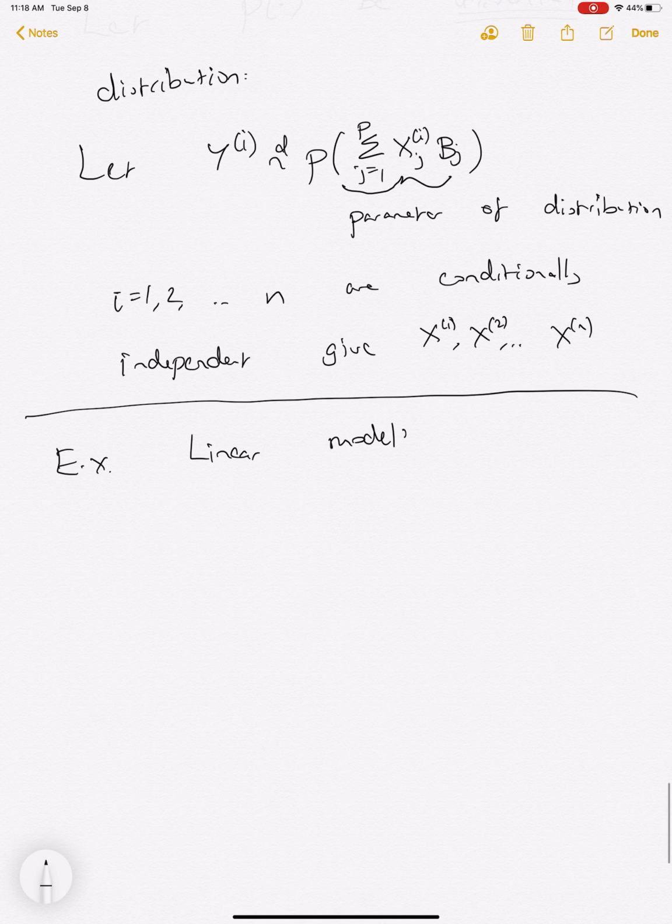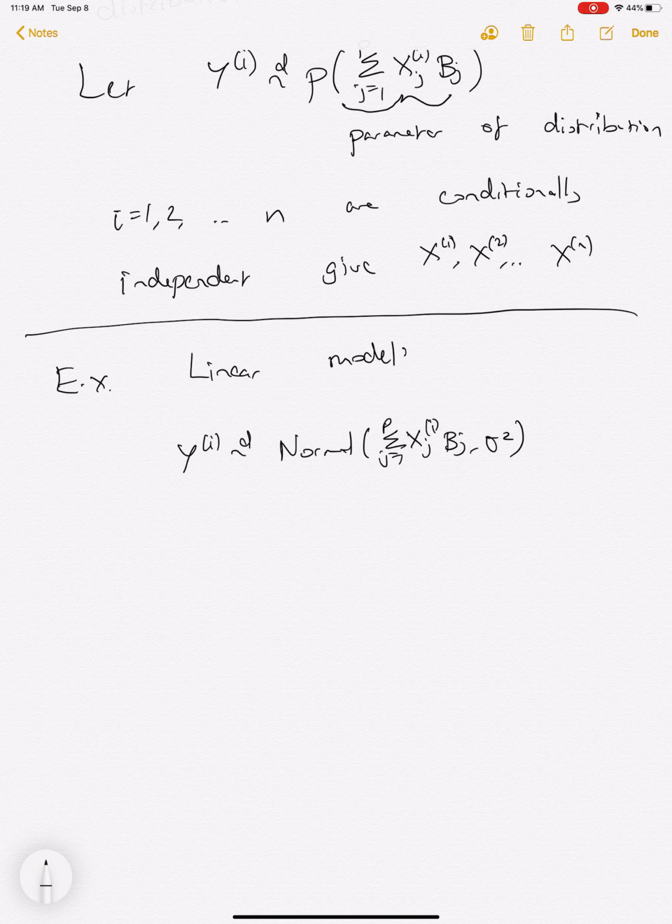If we consider the linear model, where we looked at maximum likelihood and least squares, we essentially have the model that yi is normally distributed with mean xi transpose b and variance sigma squared, and so this corresponds exactly to multivariate normal with mean xb and covariance sigma squared I, n by n.